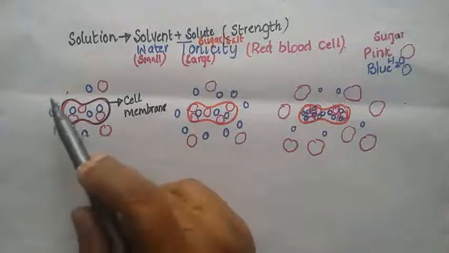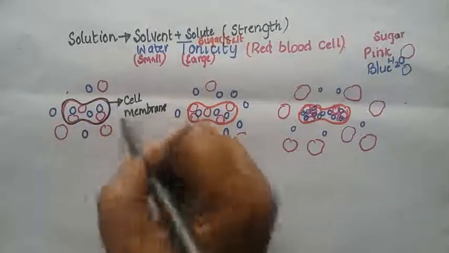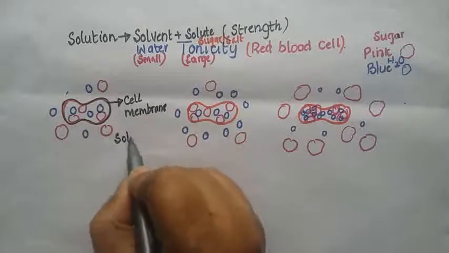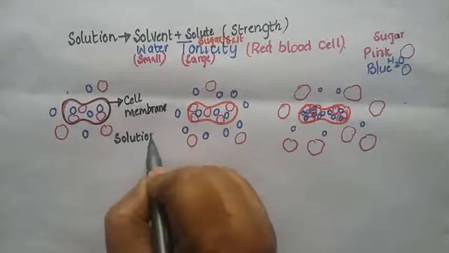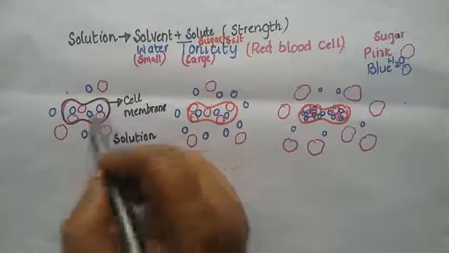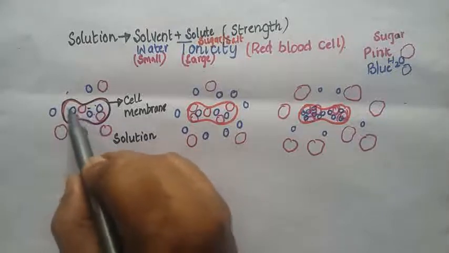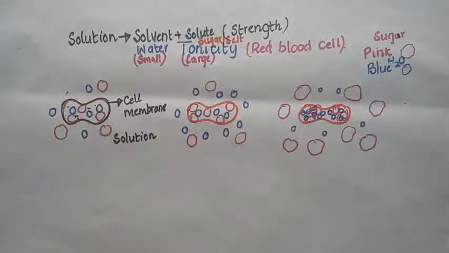So this is the outer solution which is outside the cell, and the solution which is inside the cell, that is in the cell sap of the vacuole. Right, children? Let us count the number of water molecules followed by the solute molecules.